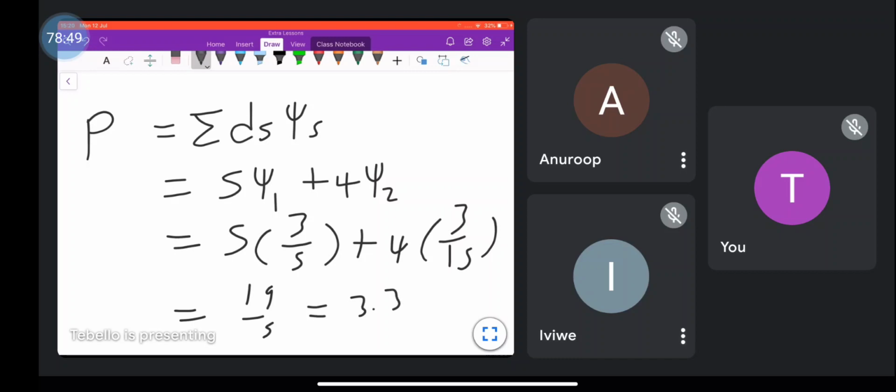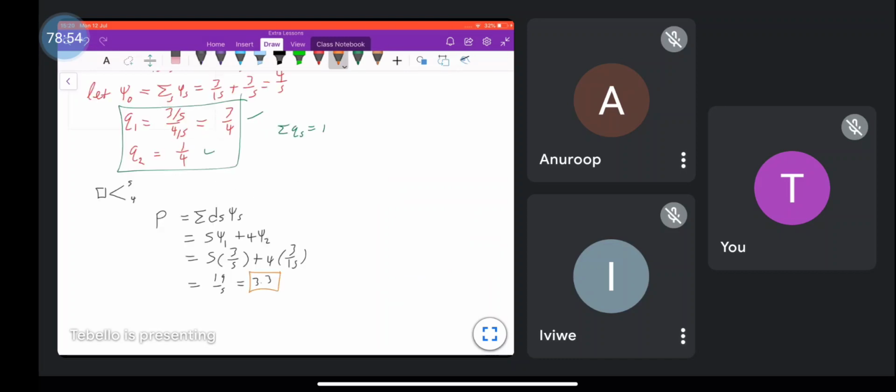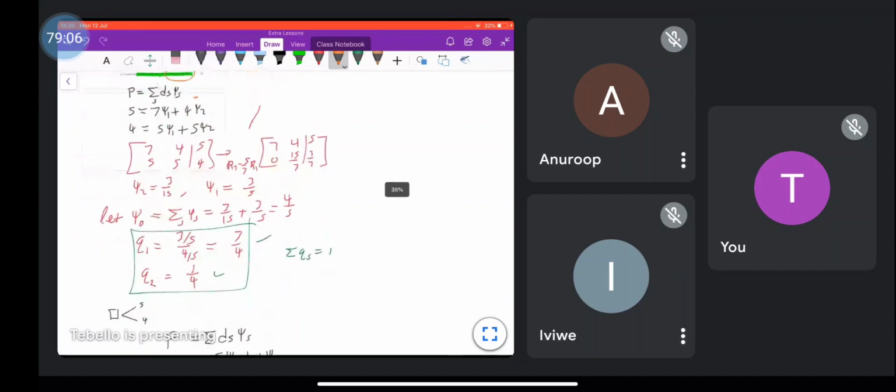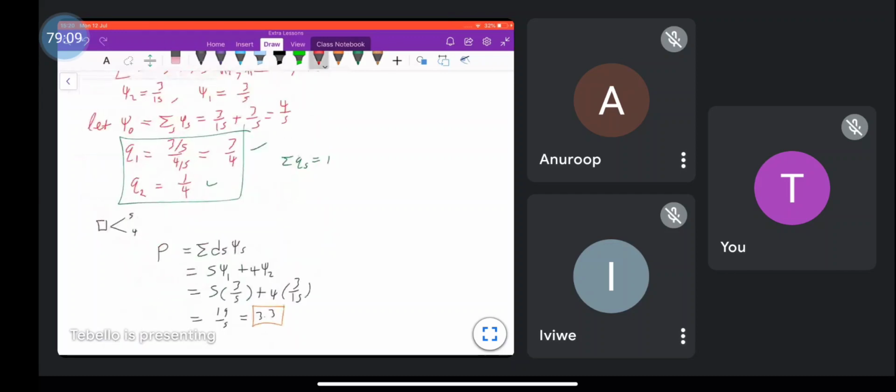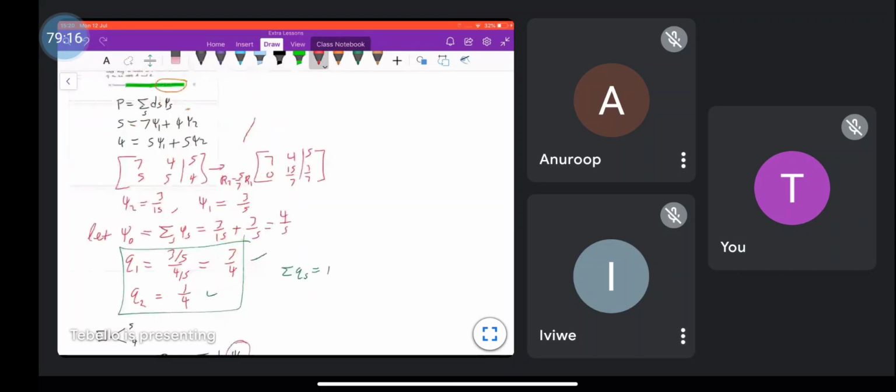So this is going to be the fair price, because in order to prevent an arbitrage opportunity, the price for this asset should be equal to the state pricing. We know the payout is 5 and 4, and based on the state pricing we have found, this price should actually be 3,8.